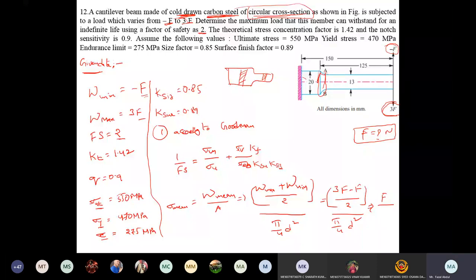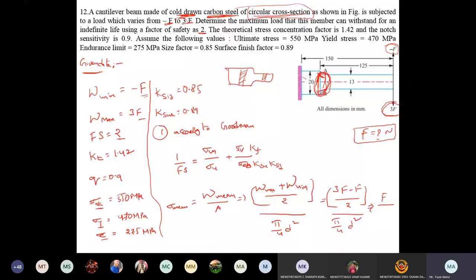Why? Because when it is subjected to load, everything is uniform here and here, but because of the sudden change of the cross section, the failure takes place at this region. This region of the cantilever beam is the critical region, whatever system is given in the question.